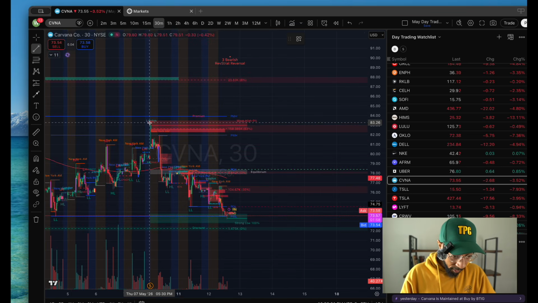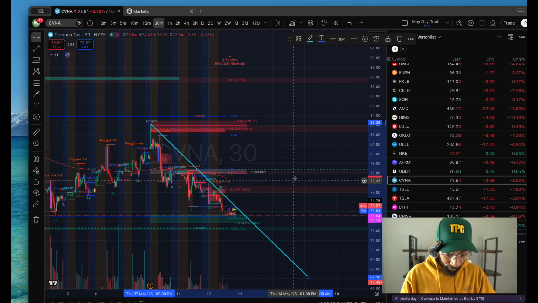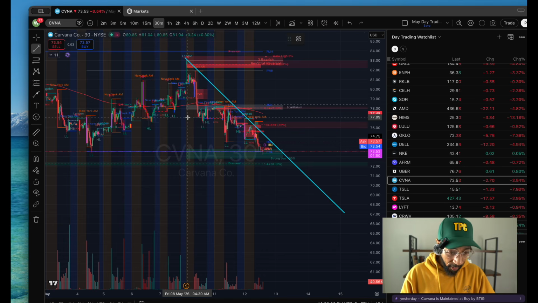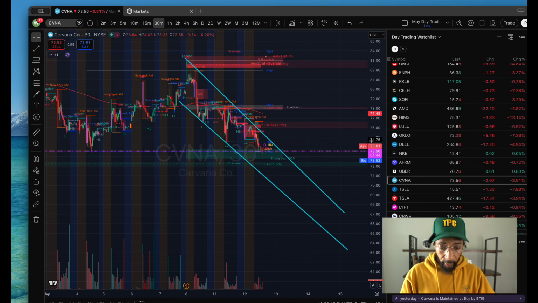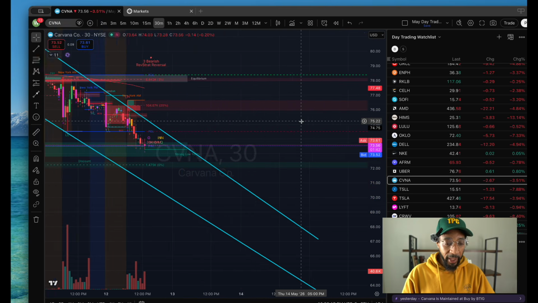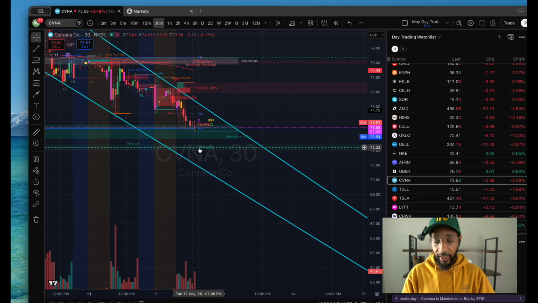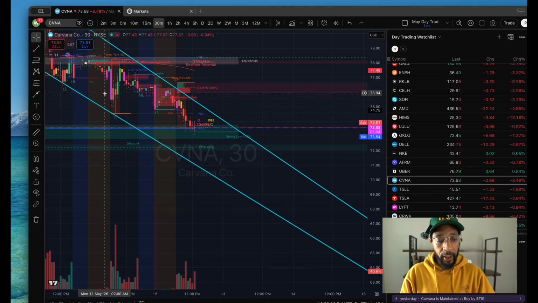So I zoom in a little bit and I say, okay, top, boom. So we are in a downtrend on Carvana. Now I go here, boom. So where can Carvana come down to? They can come down here to about $72 based off this trend channel, and that would create a lower low.